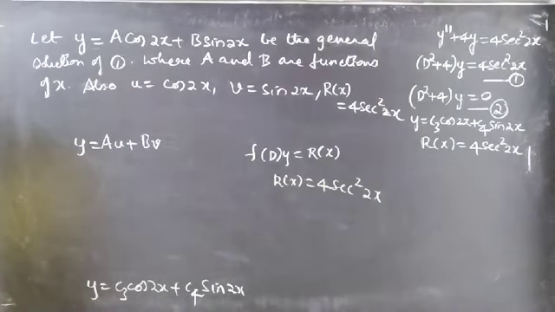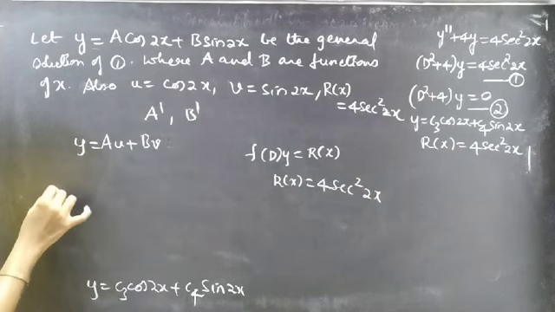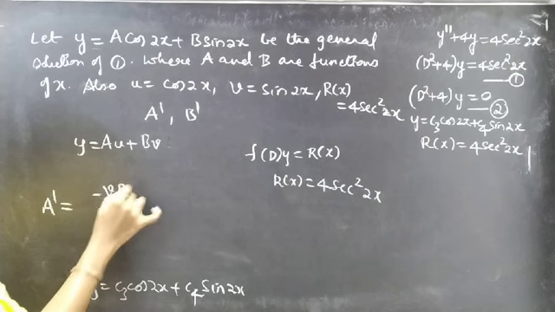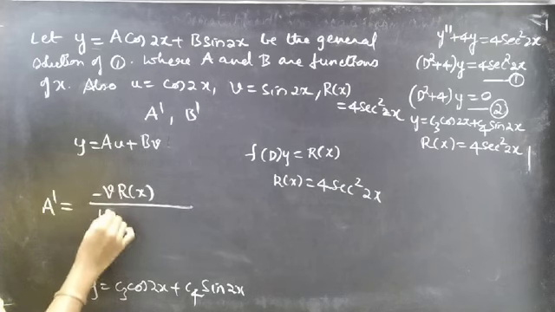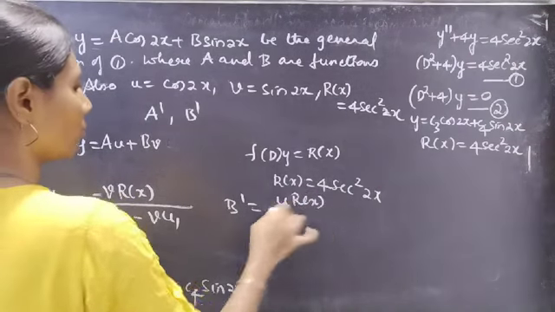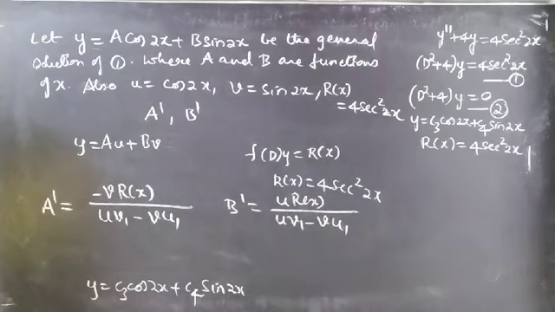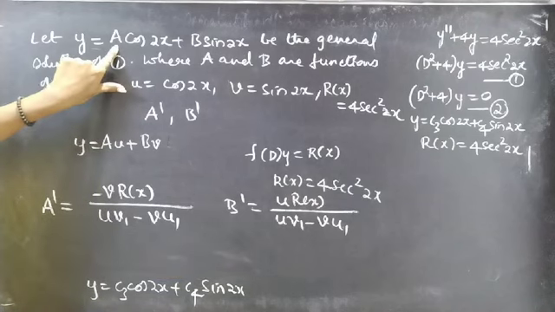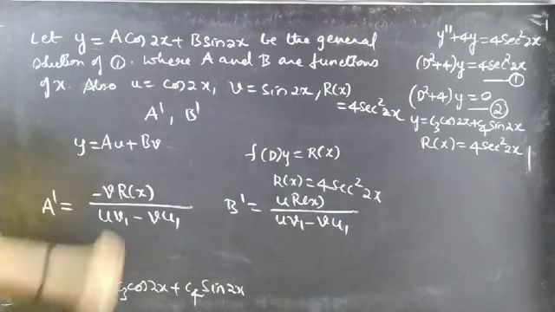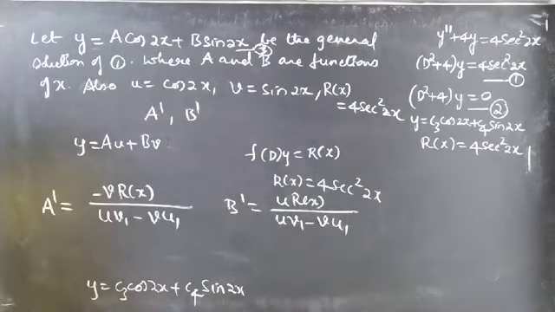Now we'll find a dash and b dash, where a dash is given by minus v into r of x by uv1 minus vu1, and b dash is given by u into r of x by uv1 minus vu1. Later we'll find a and b using a dash and b dash, and put them in the formula. Consider it as equation 3 for our convenience.